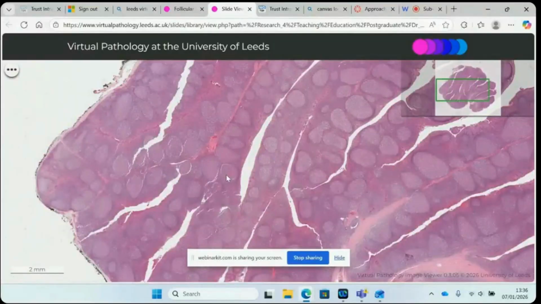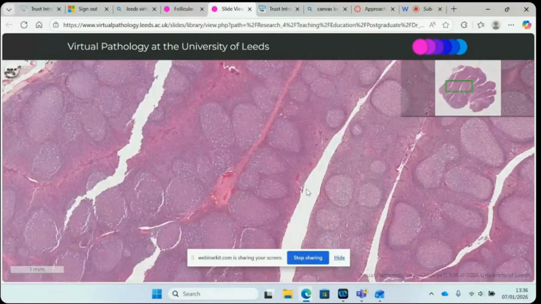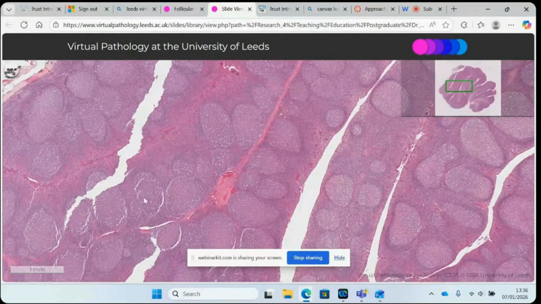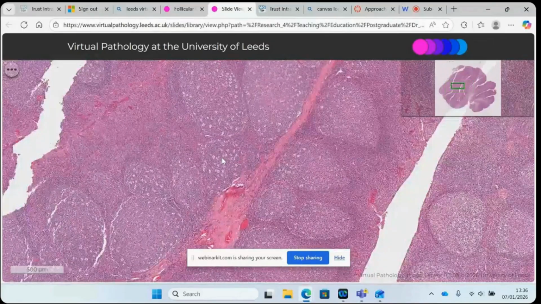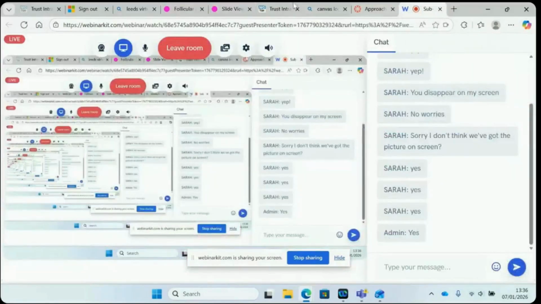The other thing is that even, maybe not at this power, but certainly at this power, you can tell that this is reactive because there are lots of little holes everywhere. Maybe not so much in these, but up here they've got tons of little holes everywhere because these are the tingible body macrophages. Check everyone can still see it. Yep.